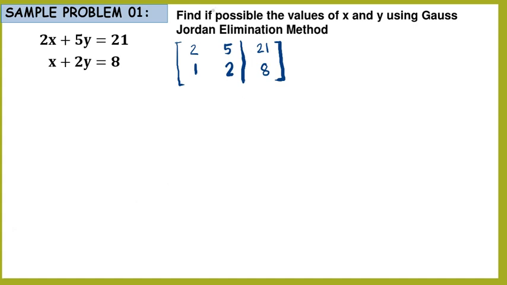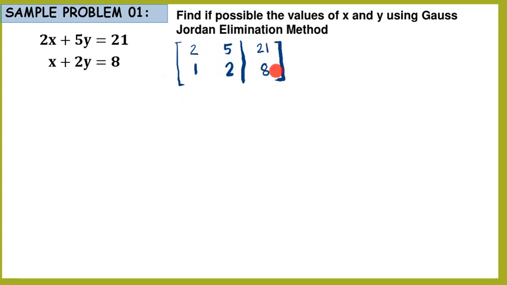Okay. To solve our problem, we need to make the elements of the diagonal equal to 1, and make the elements above and below our diagonal into 0, by multiplying a row by a number or dividing any row by a number. So yan. In here, if we solve this equation, this is our coefficient.